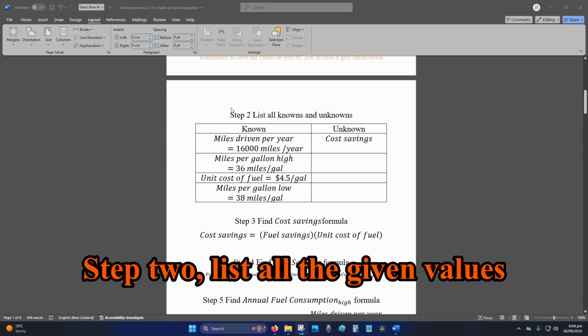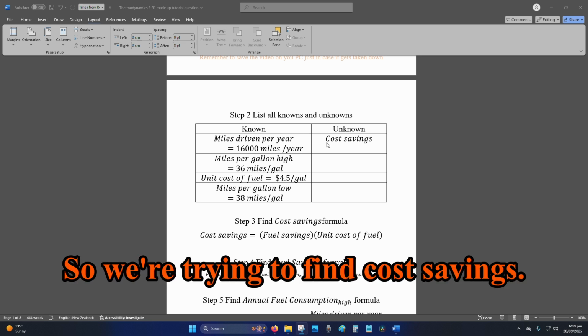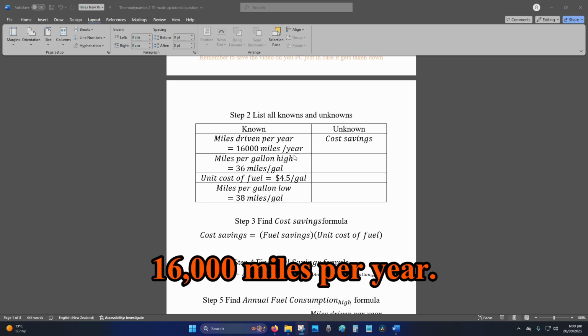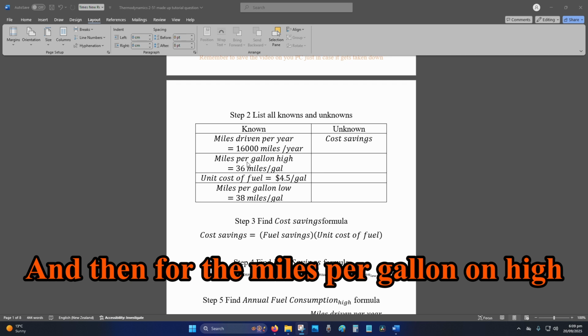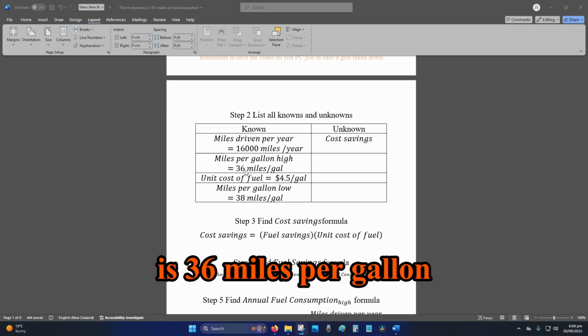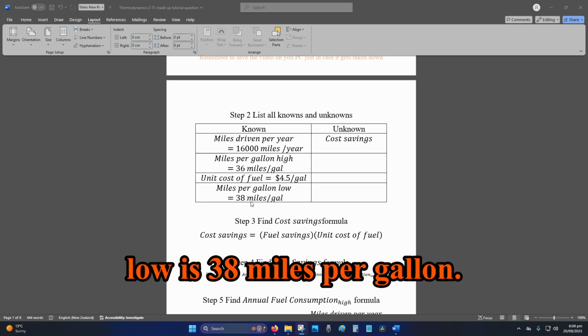Step 2, list all the given values and find the unknown. We're trying to find cost savings. The total driven is 16,000 miles per year. The miles per gallon on high is 36 miles per gallon, and miles per gallon on low is 38 miles per gallon.